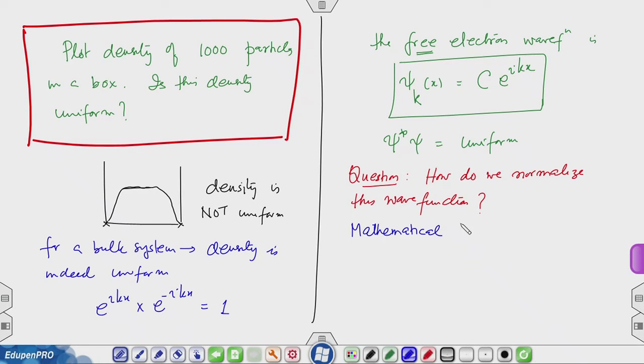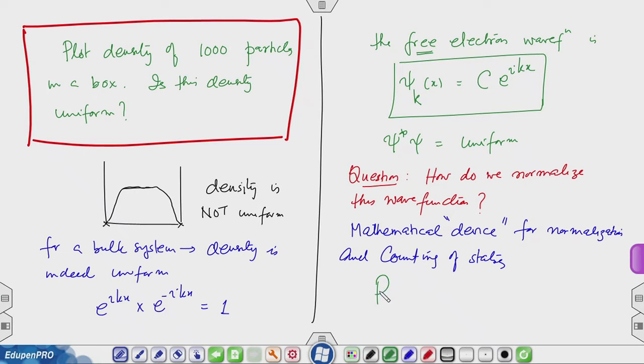I am calling it trick, but actually mathematical device you can say, for normalization and counting of states, and this is known as periodic boundary conditions.